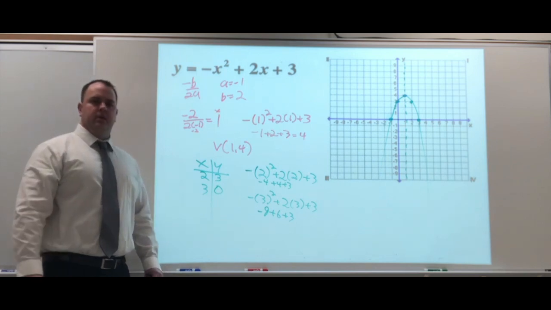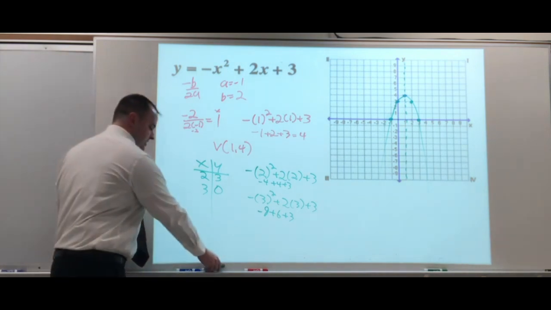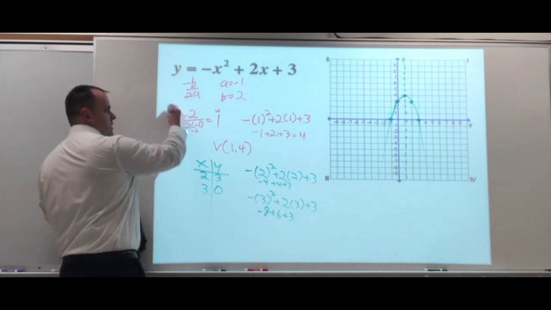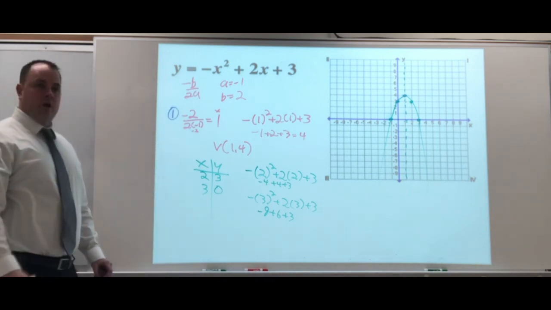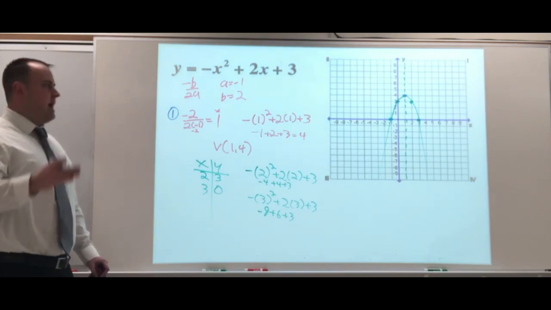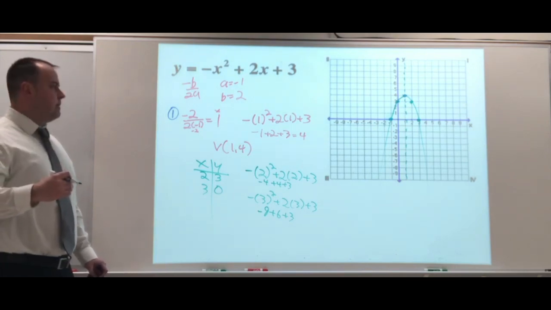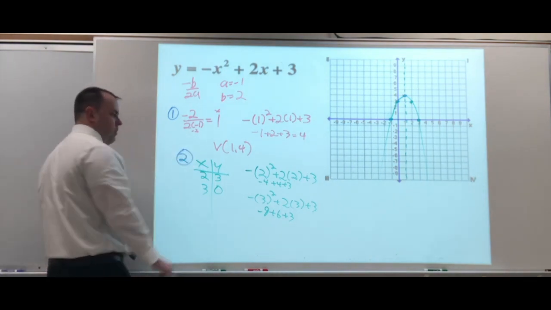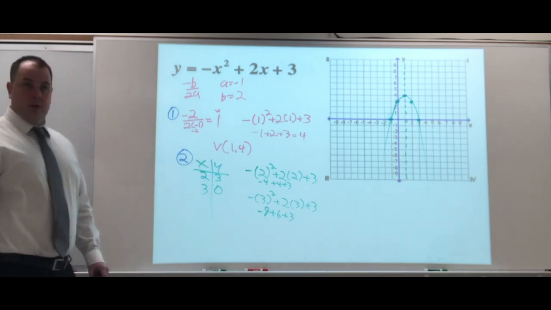You might want to take a look at the video again and just recount the steps here. Step 1 was finding the vertex. That was just finding our starting point, and from there we know where our graph's going to start at, and that's going to be the highest or lowest point. Step 2 is making an XY table to get a couple more points.